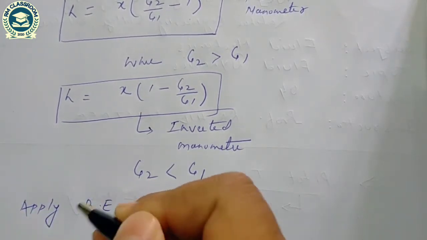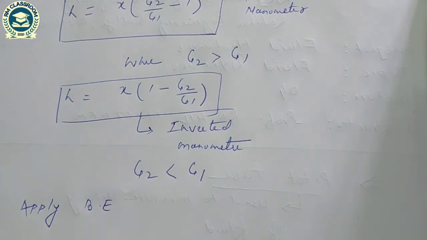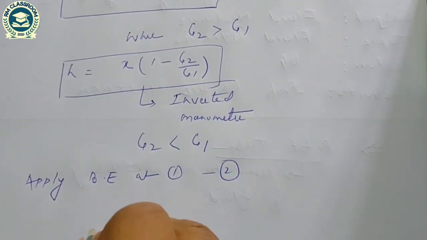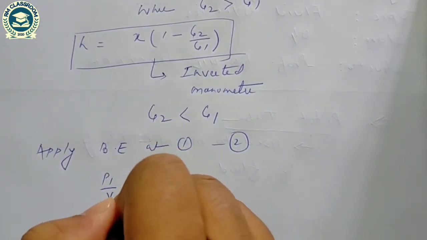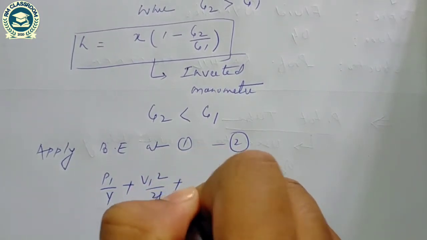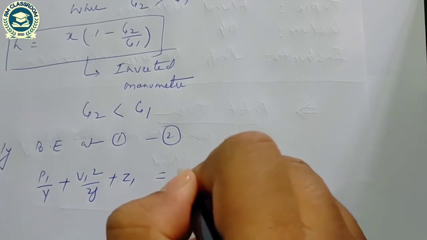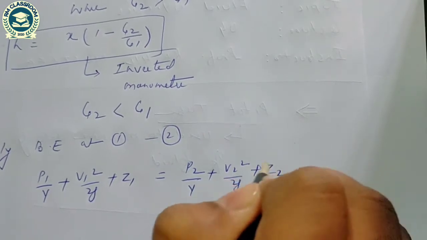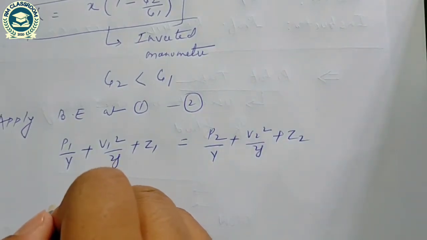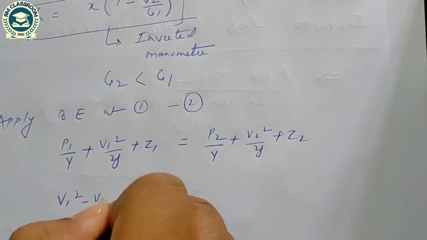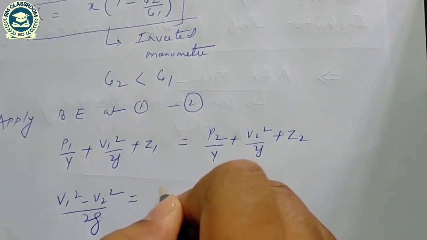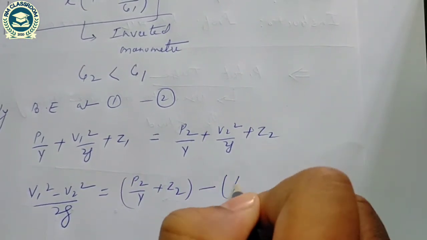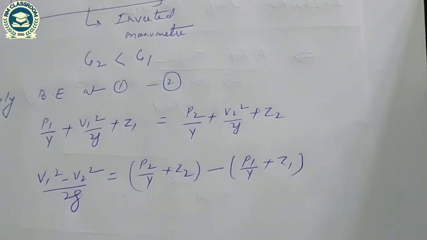So apply Bernoulli's equation at 1 and 2. We can write P1 by gamma plus V1 square by 2g plus Z1 is equal to P2 by gamma plus V2 square by 2g plus Z2. Or we can write (V1 square minus V2 square) by 2g is equal to (P2 by gamma plus Z2) minus (P1 by gamma plus Z1).